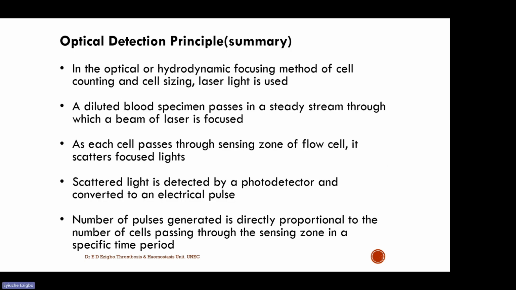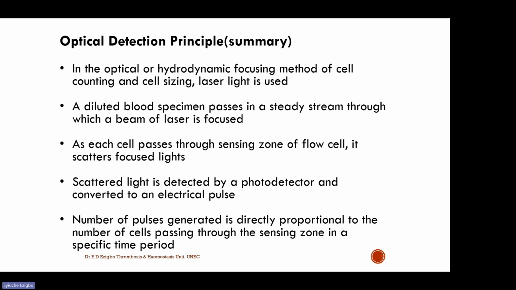So in summary, the optical detection principle, in the optical or hydrodynamic focusing method of cell counting and cell sizing, laser light is used. A diluted blood specimen passes in a steady stream through which a beam of laser is focused.